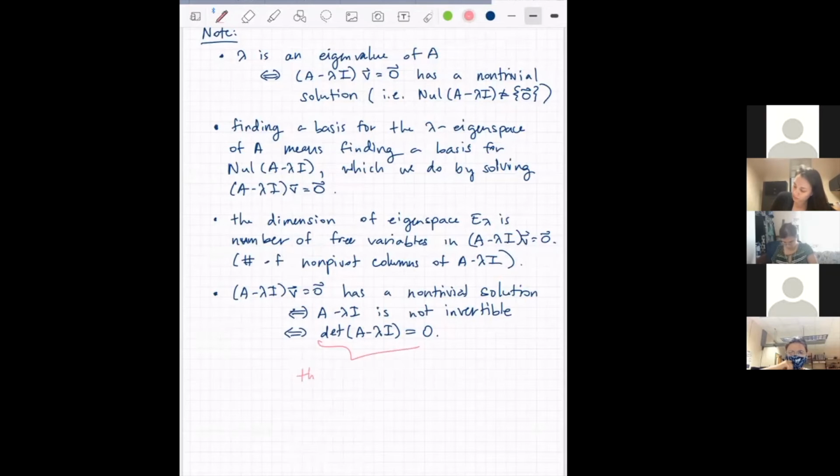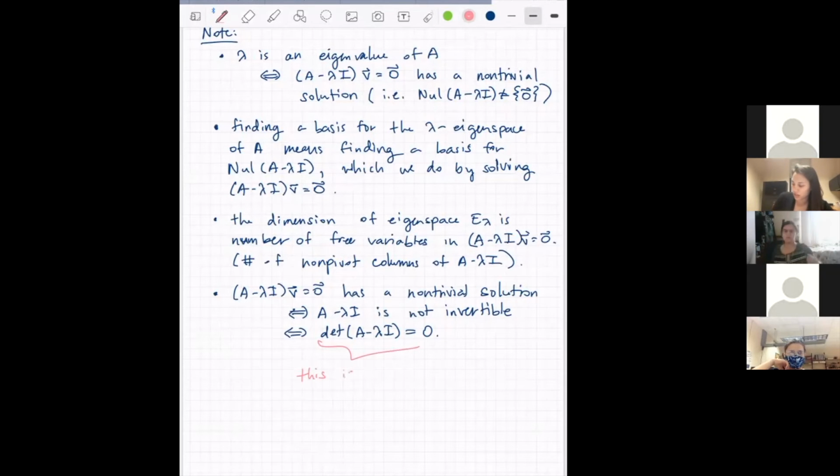So up to this point, we've been given that lambda is an eigenvalue of A, and then we go about finding the eigenspace. But this will give us a way to actually figure out what the eigenvalues of A are, right?